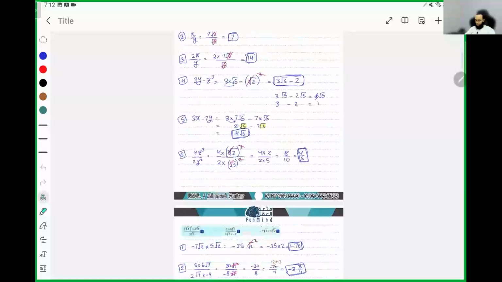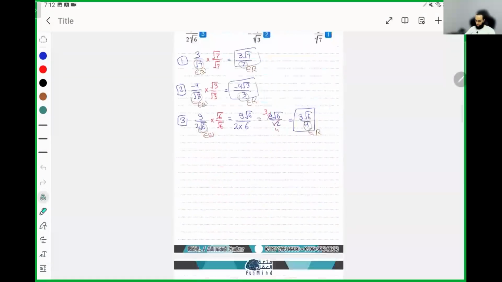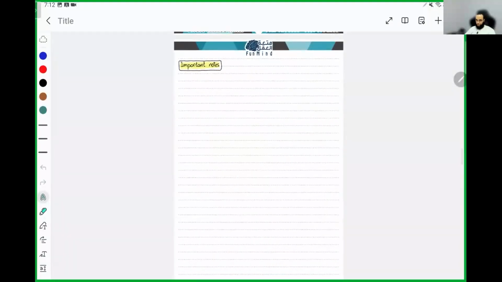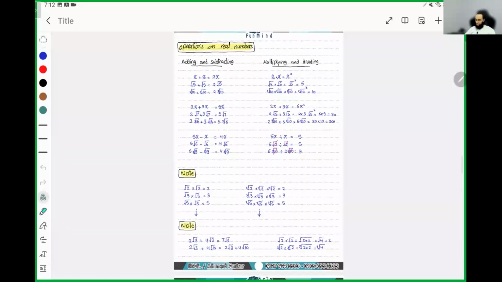These are all of the questions that we solved in the session. After that, you will see a page with "important notes" written on it. This page you are seeing. After this page, there are the important notes about the lesson, something like a summary of the lesson. Okay, it looks like a summary.